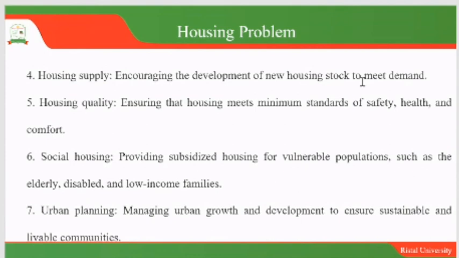So if they wanted people to move away from grass-thatched houses, you would realize they put a ban on the use of grass, and then they probably reduce the prices of iron sheets. So those are some of the instruments that can be used to promote a positive housing policy in your particular area.